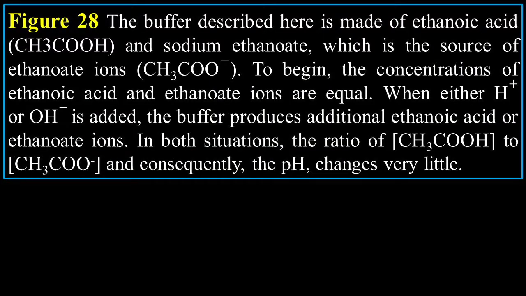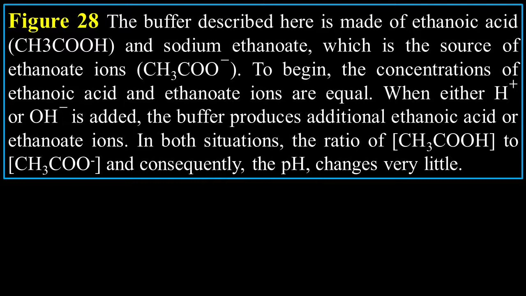Figure 28, the buffer described here is made of ethanoic acid and sodium acetate, which is the source of acetate ions. To begin, the concentration of ethanoic acid and acetate ions are equal.